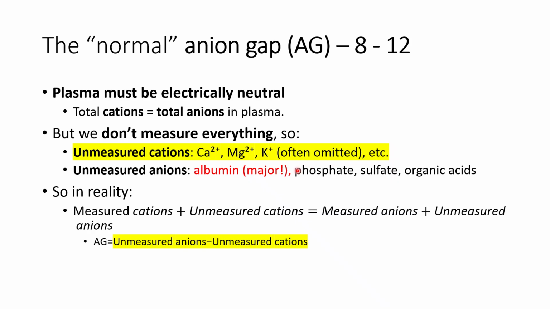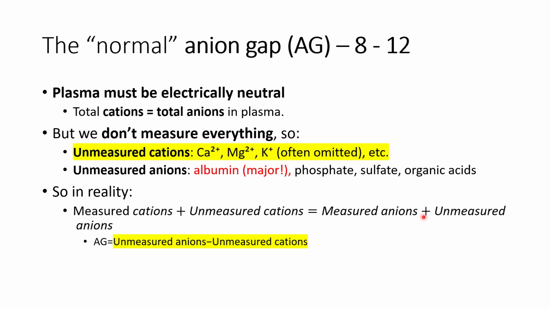However, these are low. So in reality, there are measured cations, that is sodium that we see, plus unmeasured cations, and then measured anions, that is bicarb and chloride, plus unmeasured anions, mostly albumin. So anion gap is the gap between the unmeasured anions and unmeasured cations.